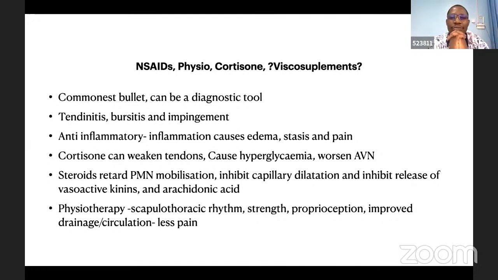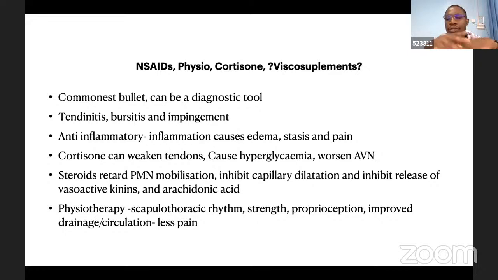Usually it's, oh, you have pain under the shoulder, okay, come here, we put an injection and that kind of thing. We need to start understanding what you're doing. NSAIDs, of course, there's no problem, you're relieving pain. In situations that have mild to moderate pain from tendinitis or bursitis and impingement, it is possible to relieve this by physio and NSAIDs for a course of a week or two.